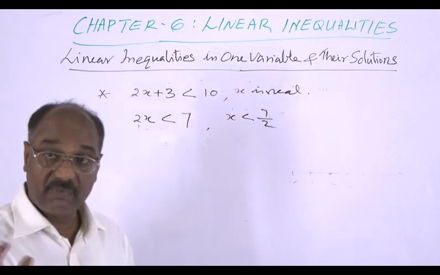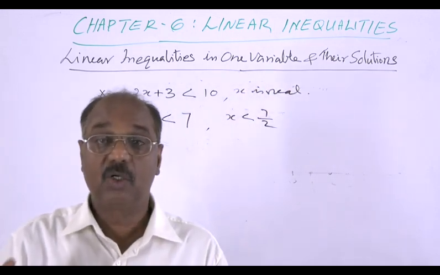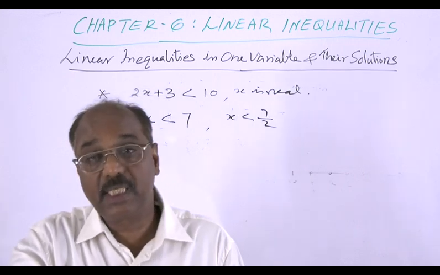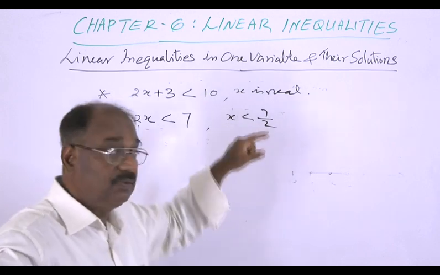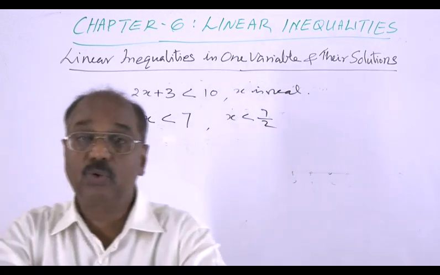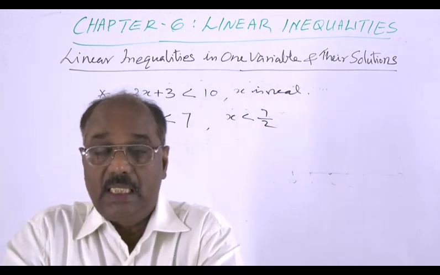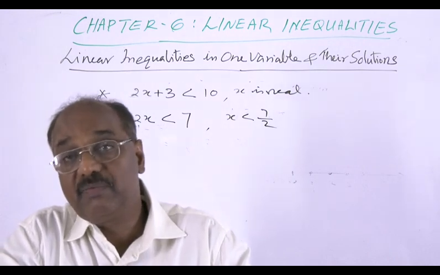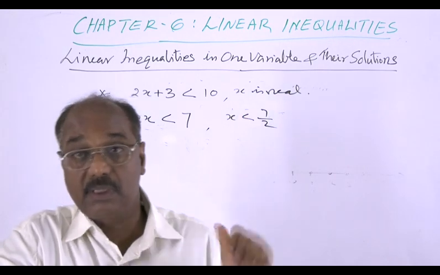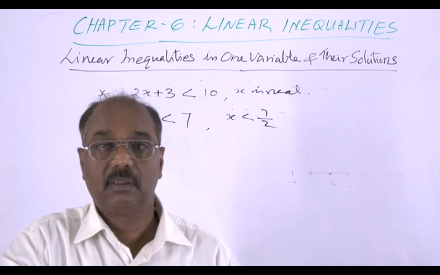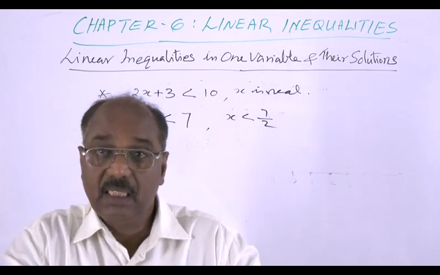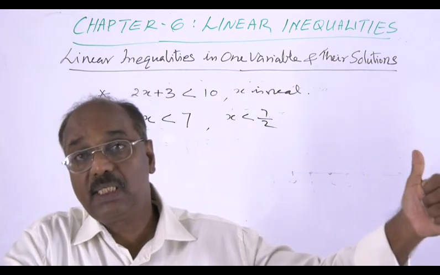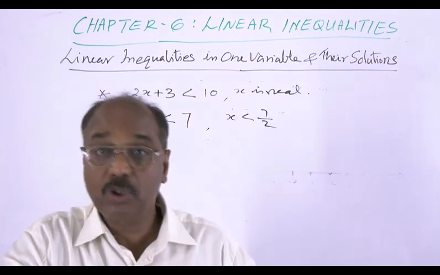Now here x is less than 7 by 2, so we have infinitely many real numbers. Algebraically, expressing all the real numbers one by one is impossible.